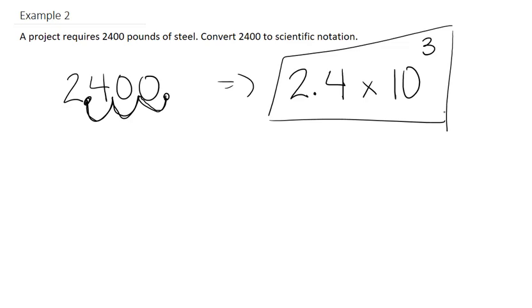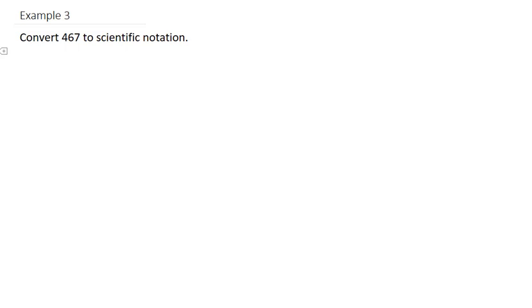Let's do another example. Example 3, convert 467 to scientific notation. So we have the number 467. We have a decimal here. Now we need to move this decimal over, and we move it over, we'll see, 1, 2. So we want to end there.